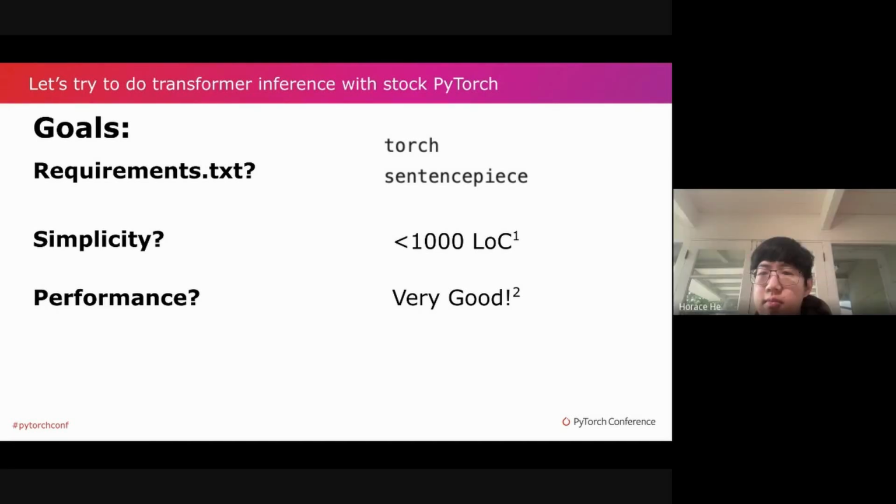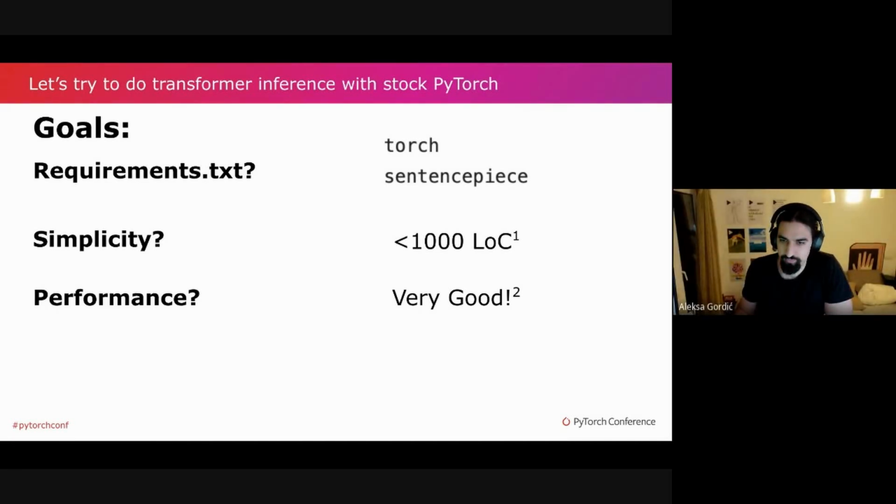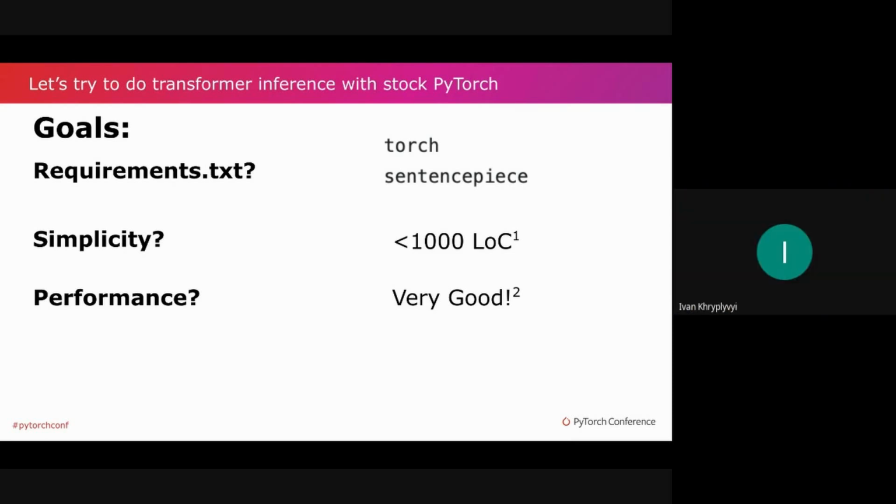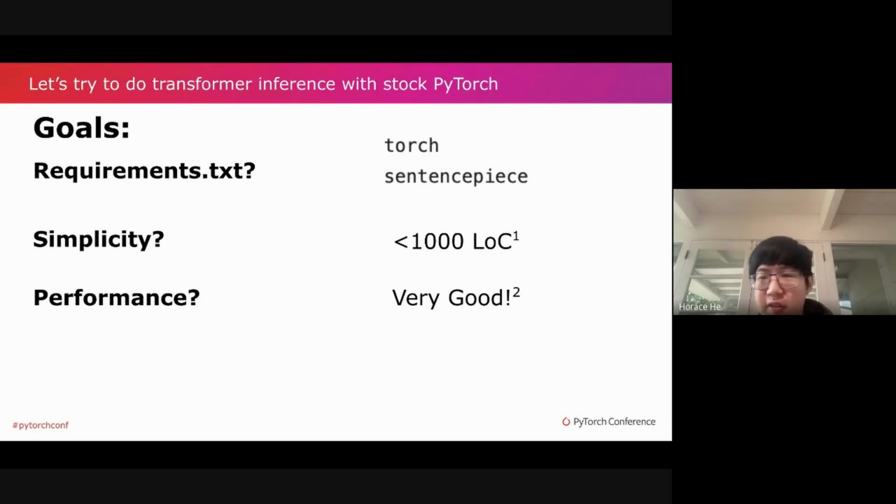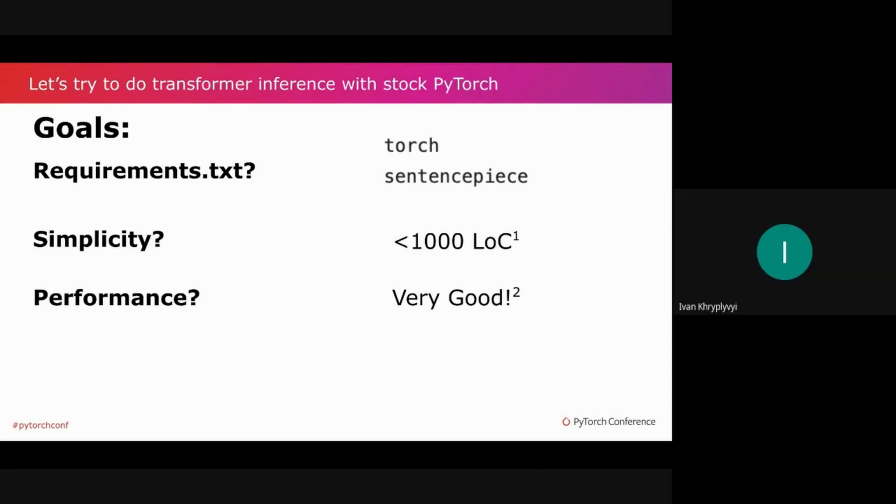Awesome. Ivan has the last question. Where do you think the next batch of performance is buried? For transformer latency, where do you think a big performance improvement or improvements are buried?